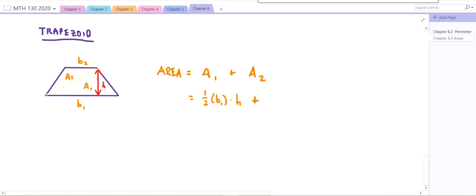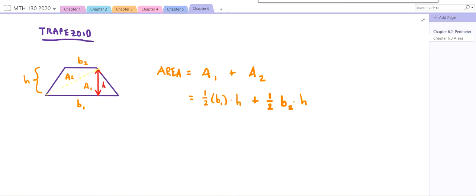So for our next area, again, it's a triangle, so this is going to be 1/2 base times height, but base 2 is this top line up here. And the height of this triangle, well, if this is the base, then the distance from here to here is the height, which is the same height that I have over here.